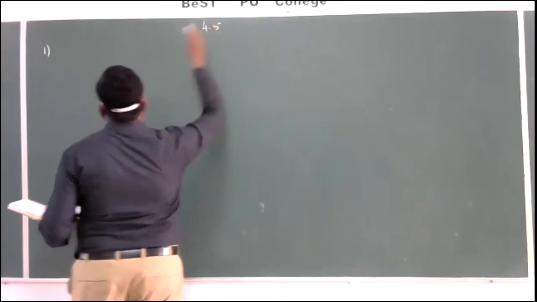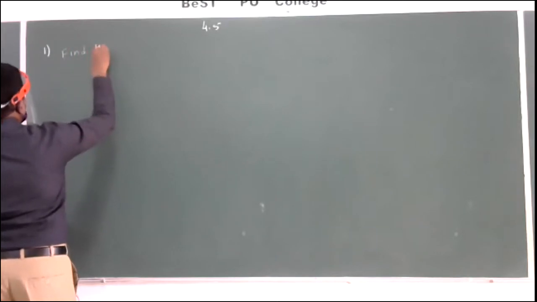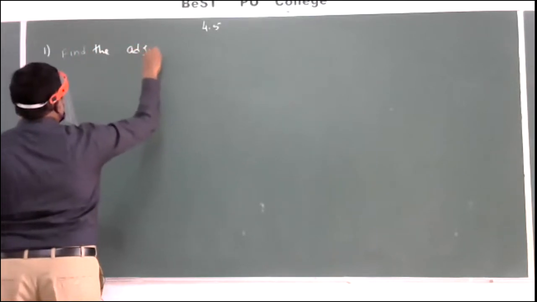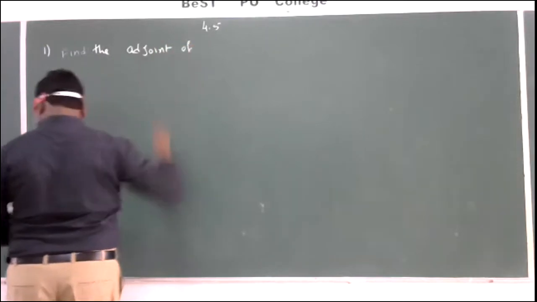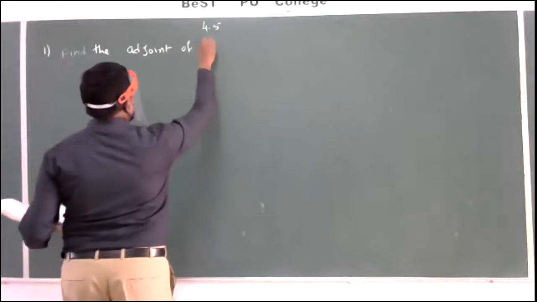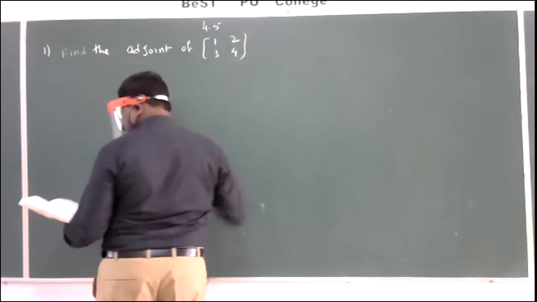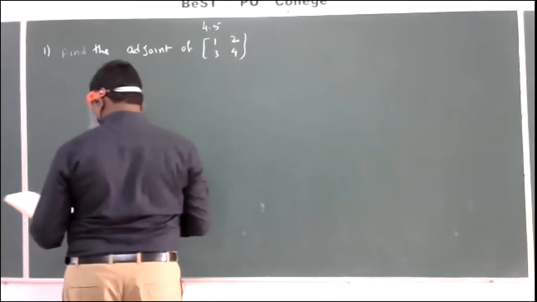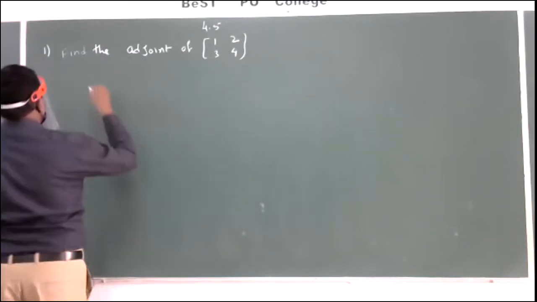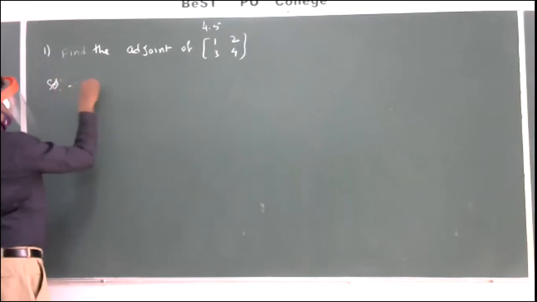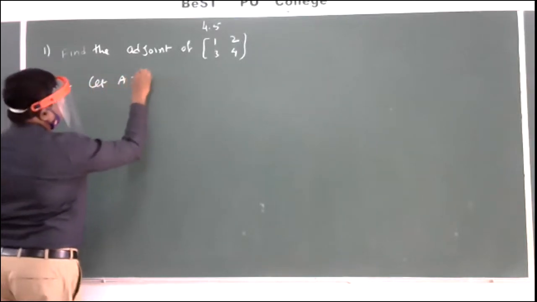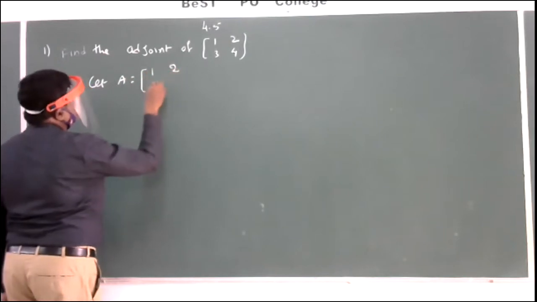Find the adjoint of [1, 2; 3, 4]. Let A equal to [1, 2; 3, 4].